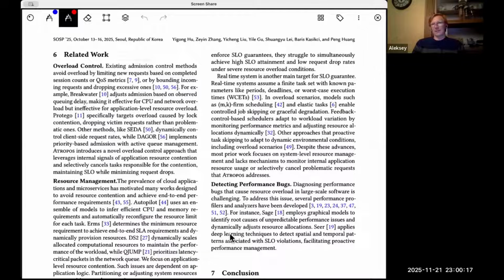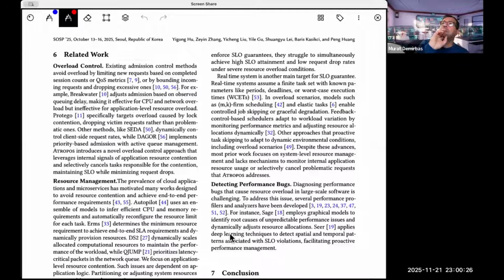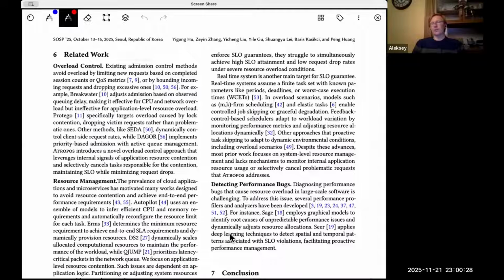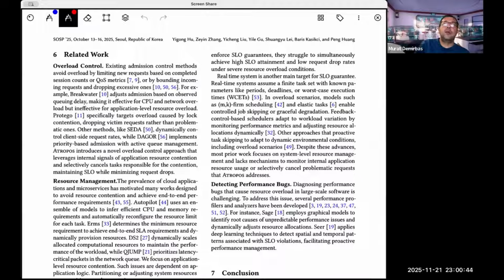Versus a regular overload, where you kill a task and you only gain as much as the task, for example, used of the CPU. But here they have disproportionate gains because these resources create disproportionate bottlenecks.